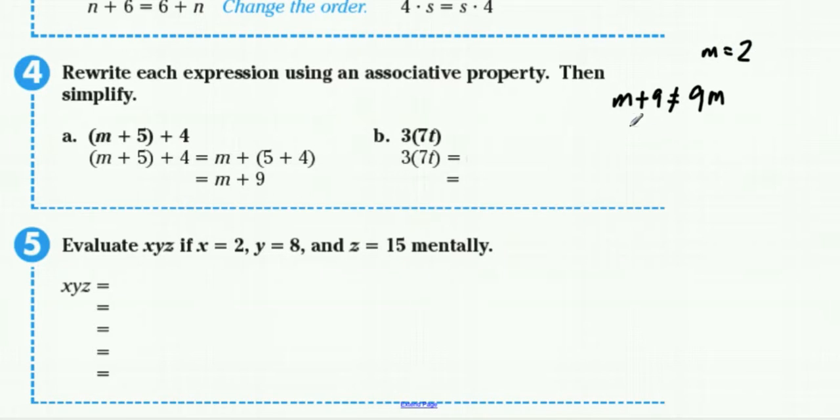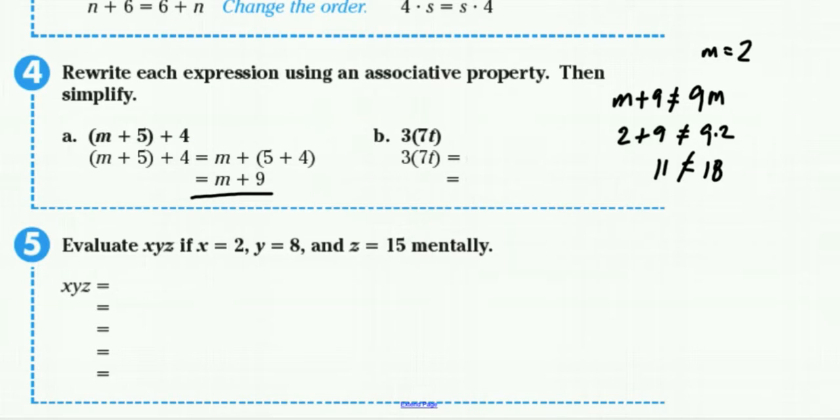Then this becomes 2 plus 9, and 2 plus 9 is not equal to 9 times 2, because 2 plus 9 is 11, and 9 times 2 is 18. They can never be equal. So m plus 9 is not 9m, and this is the simplified form of that expression.